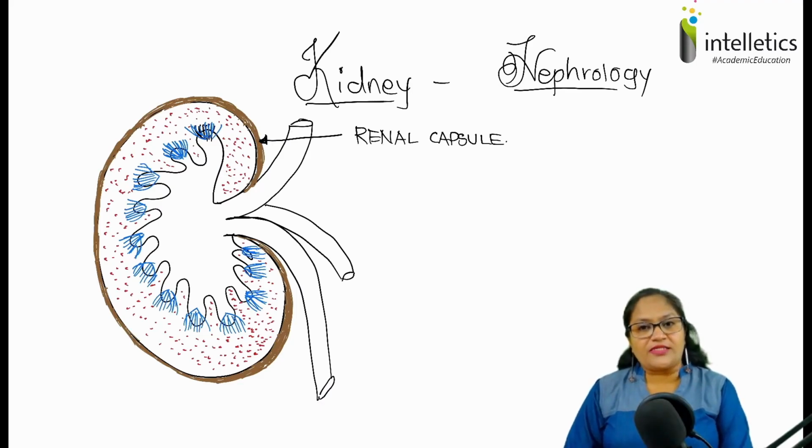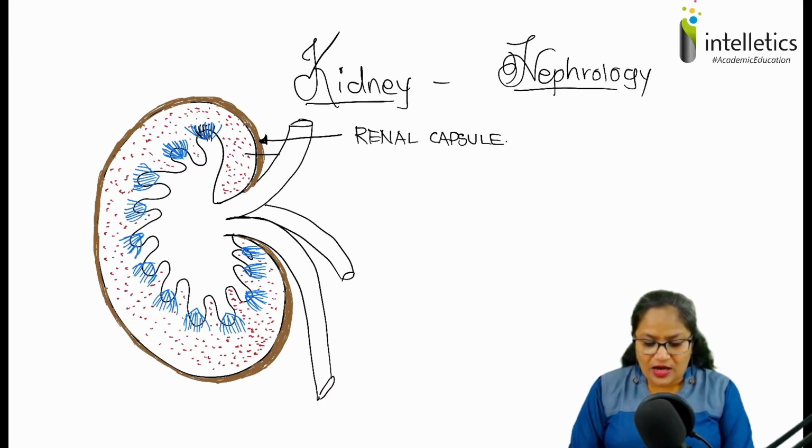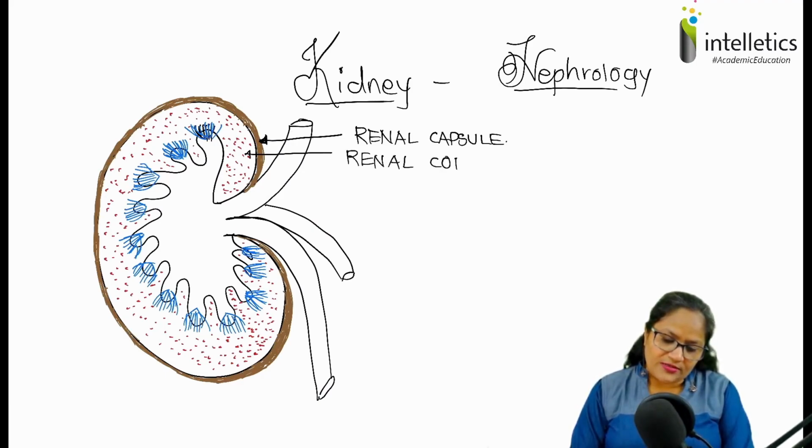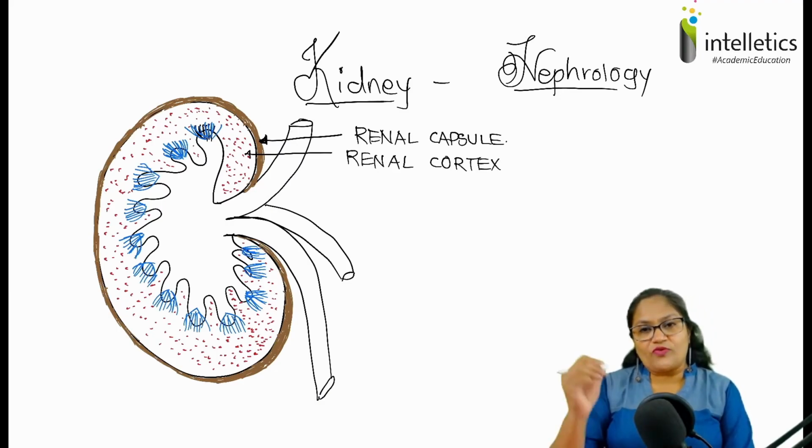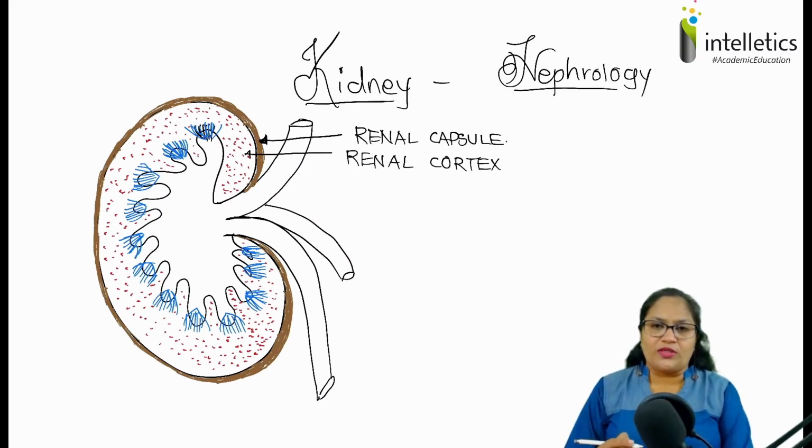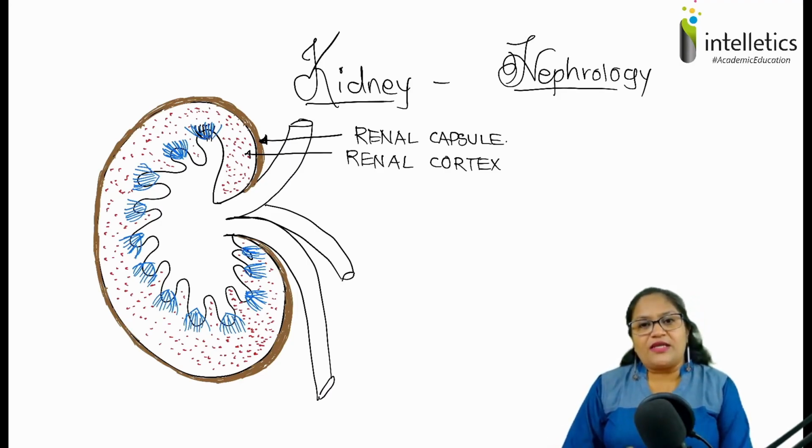Now what do you see inside? The entire area inside the kidney, we can divide it into two regions. This is the outer region and that can be called as the renal cortex. When you do labeling, don't write only cortex. It's always better to write it appropriately as renal cortex, because you may have heard of this word cortex in many other parts, like TS of ovary, where you also read cortex and medulla. So in order to avoid this confusion and to be more precise, let us label it as renal cortex.